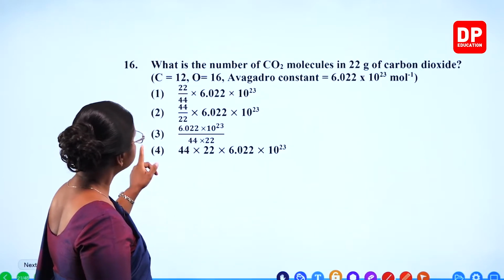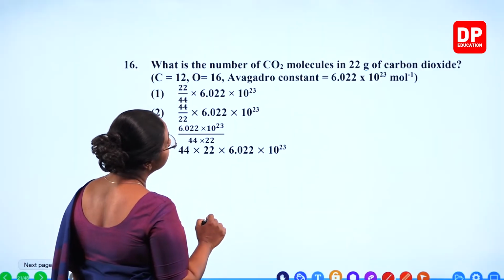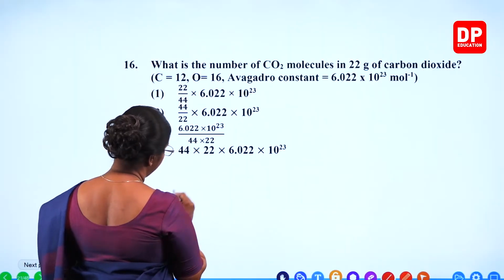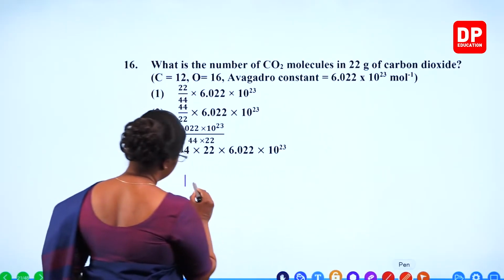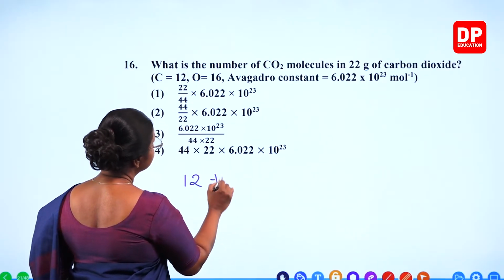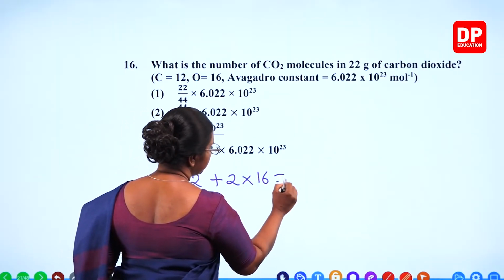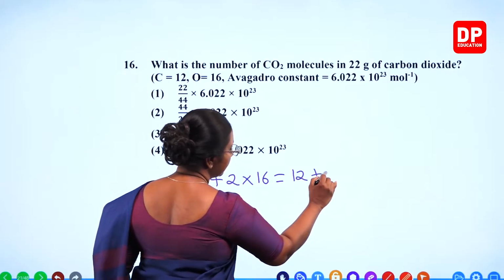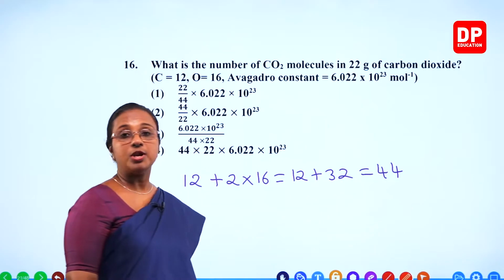So the mass of 1 mole of substance. So here, if you calculate the relative molecular mass of carbon dioxide, carbon 12 plus, there are 2 oxygen atoms, 2 times 16. So that is going to be 12 plus 32 is 44. That is the relative molecular mass.